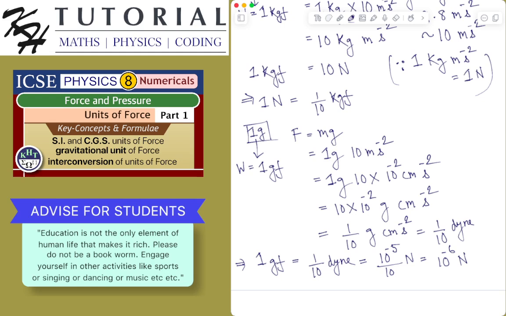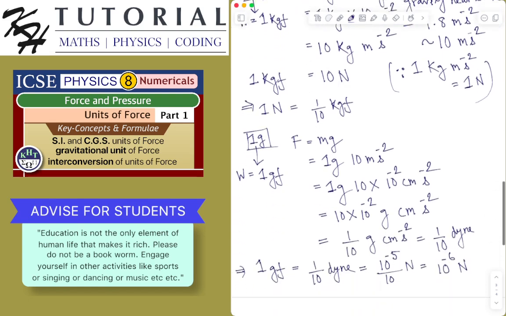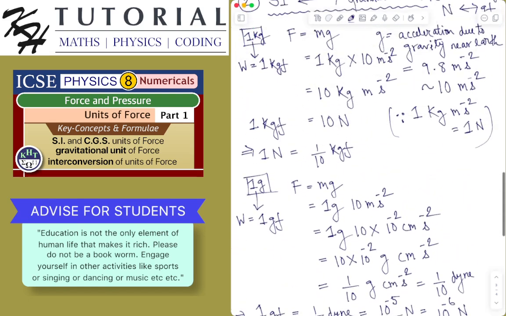Anyway, I think I am doing it correctly. If you think I am wrong anywhere, please feel free to let me know in the comment section. So I am getting 1 gf is equal to 10 to the power minus 6 Newton. I think these are the important conversions.